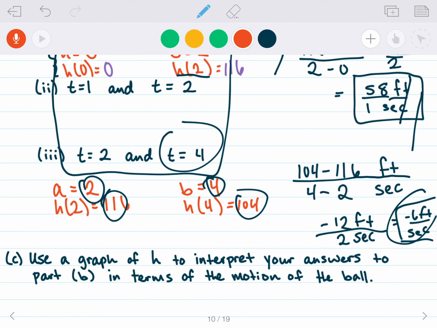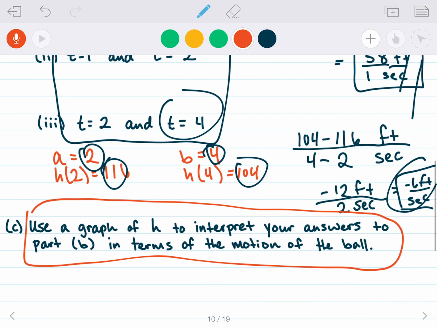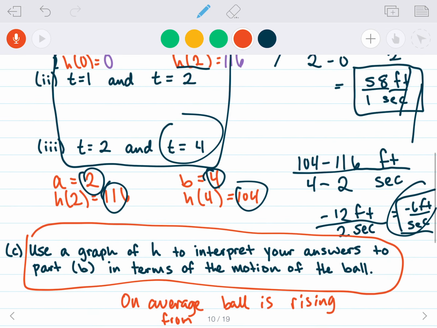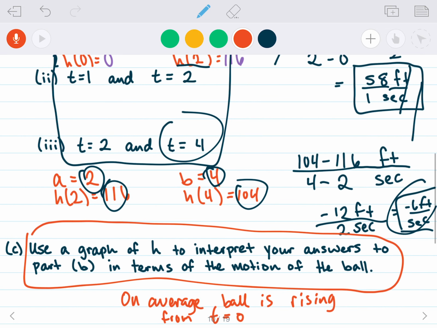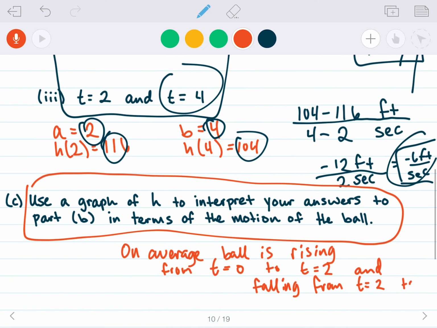So anyway, I didn't really write down what this is, but the idea here is that on average, the ball is rising from t equals 0 to t equals 2 and falling from t equals 2 on average to t equals 4.